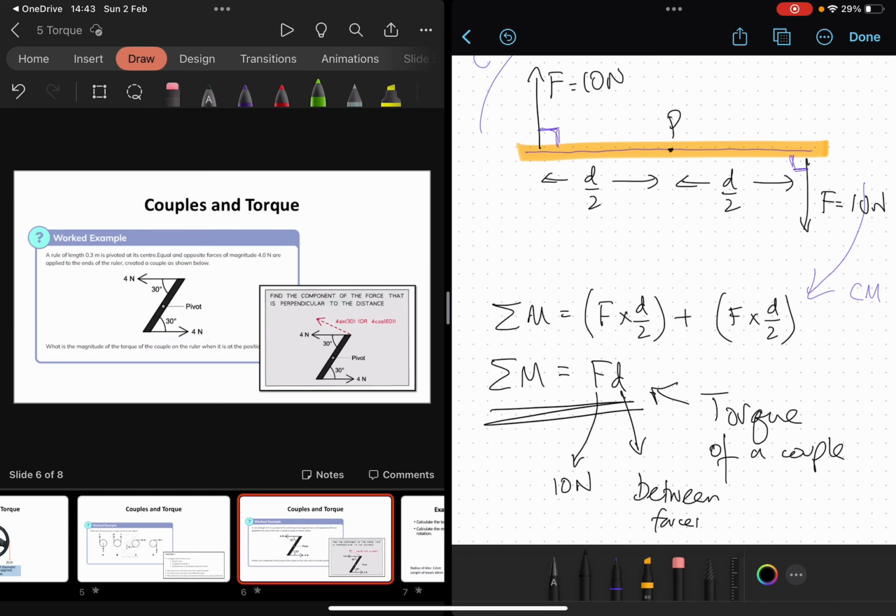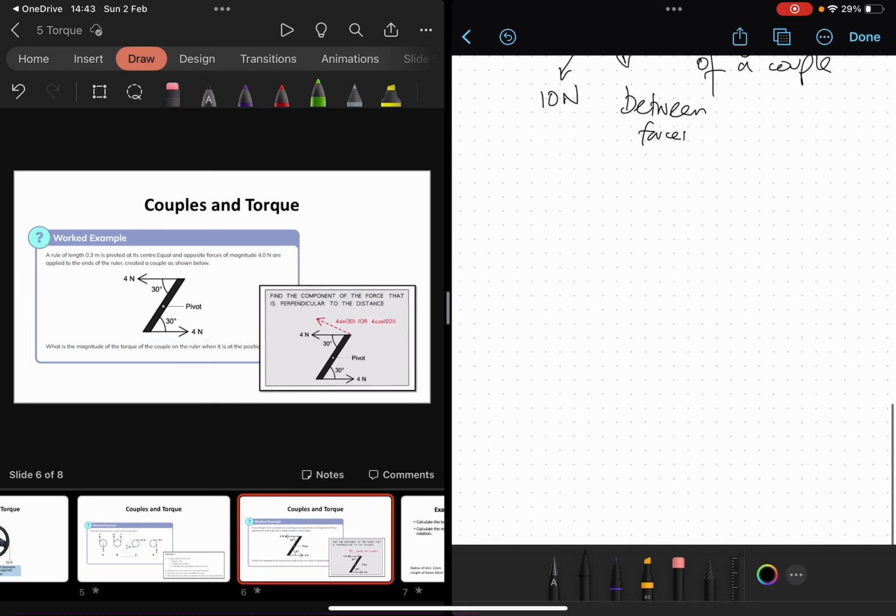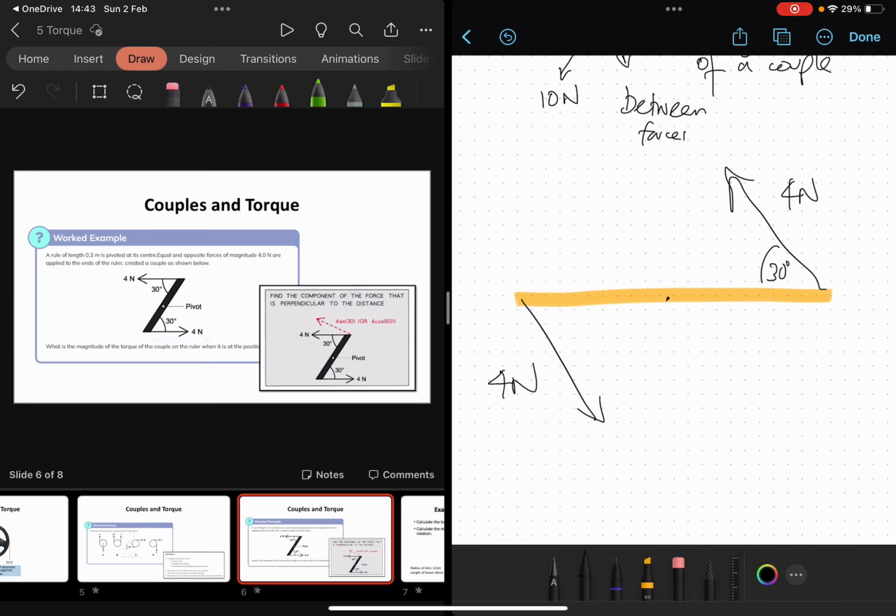Okay, what if we have forces at angles? Now, this is very similar to some work that we've done with moments. So let me redraw the diagram that you've got with the forces correctly shown. There are your two 4 newton forces, and there's the pivot in the centre. And we're told that we've got a 30-degree angle between them. Now, what's important then is the perpendicular distance between the force and the pivot.